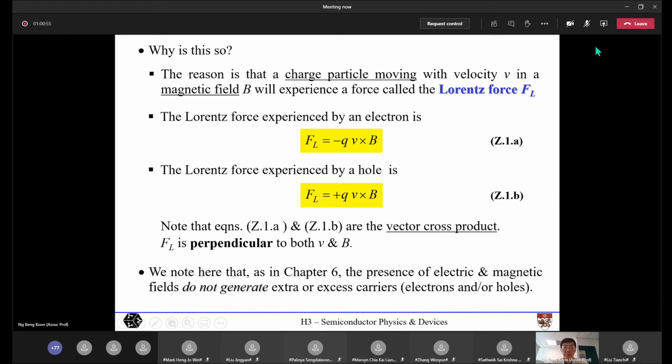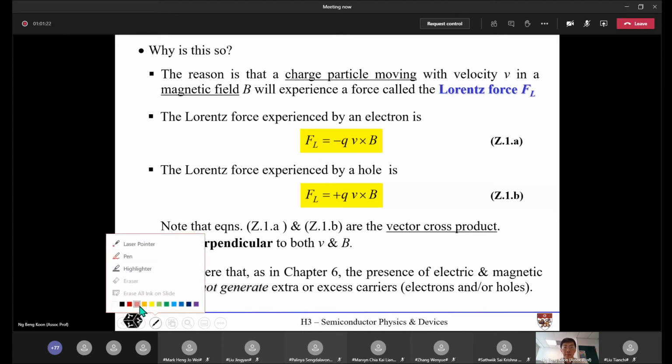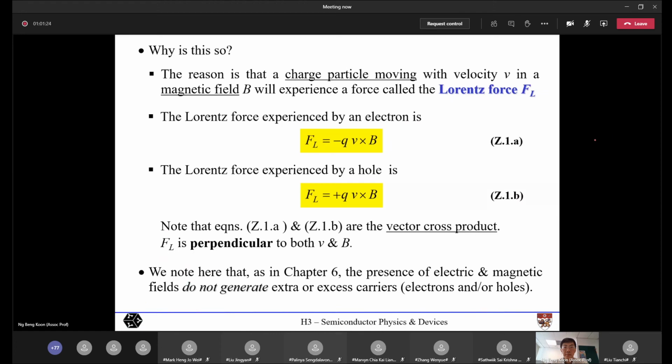Mathematically, the Lorentz force is defined as the cross product between the velocity of the carrier and the magnetic field, multiplied by the charge of the carrier. This force acts on the charge carrier, and this is the reason why you get a difference in the voltage.